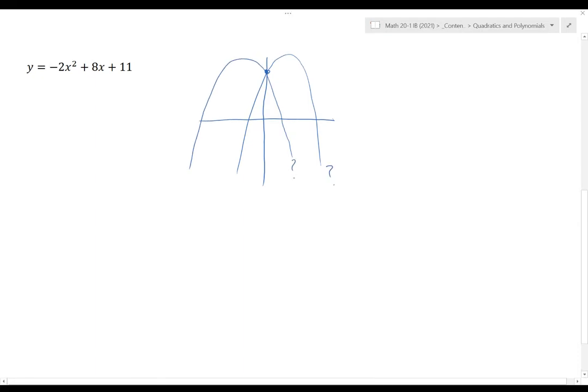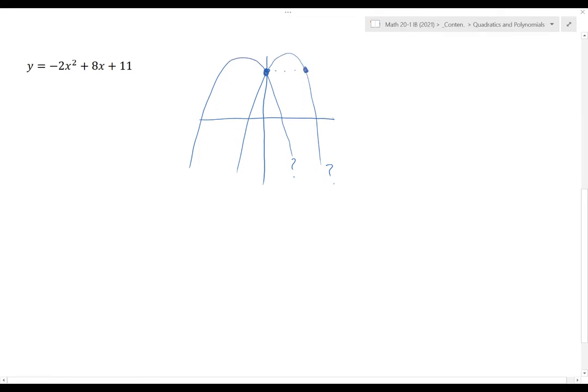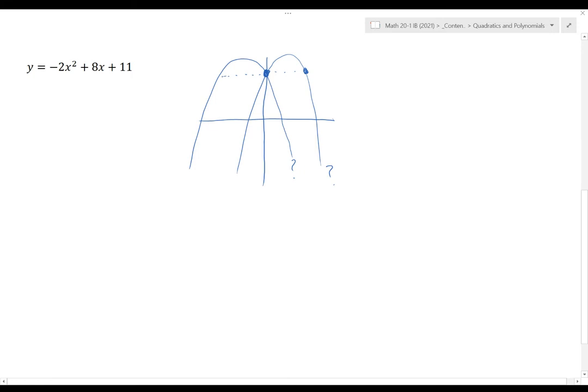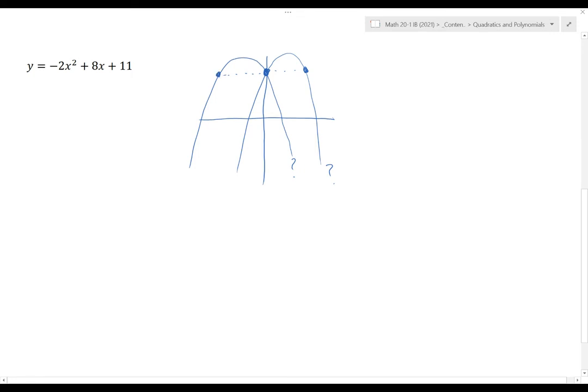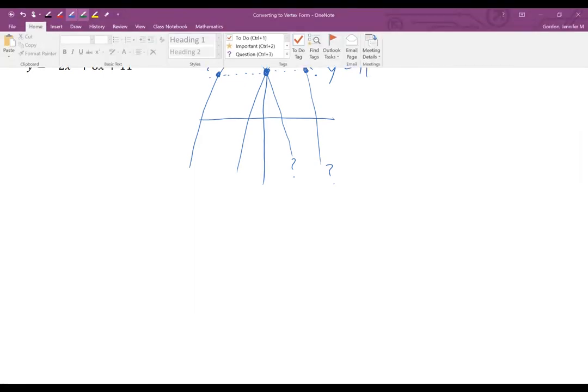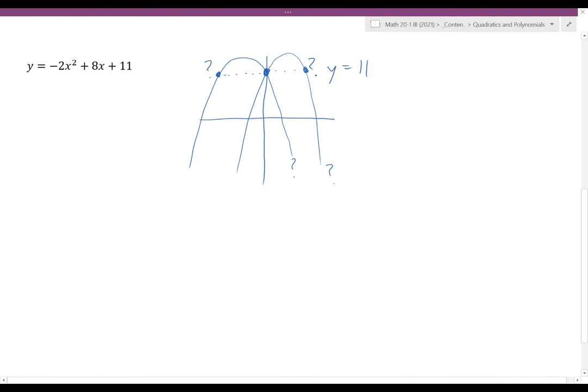But what I do know is that from that y-intercept, there has to be another point that meets up at the same level, so another point where the y value is 11. That's the key here. So I am going to find those two points. What are the two x values where y equals 11? The reason I do that is it makes the equation very easy to solve.